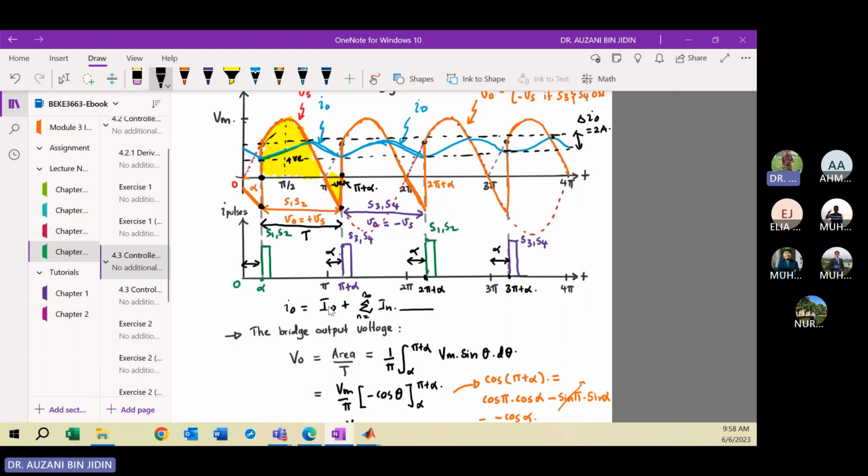Actually, you have N equal to 0. It means the first component, the DC component, is located at which frequency? 50 Hz, 60 Hz, 0 Hz. This is basic. You learn it in the Fourier series topic.